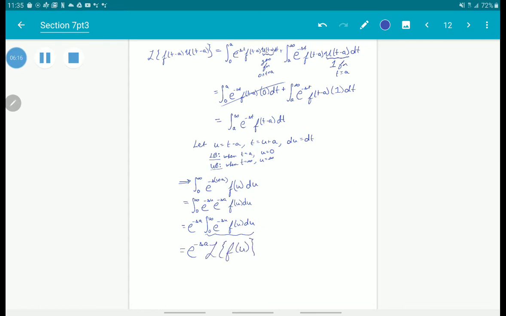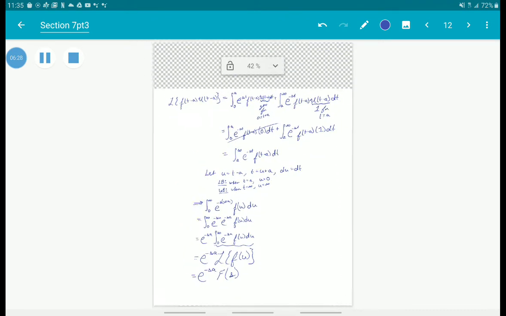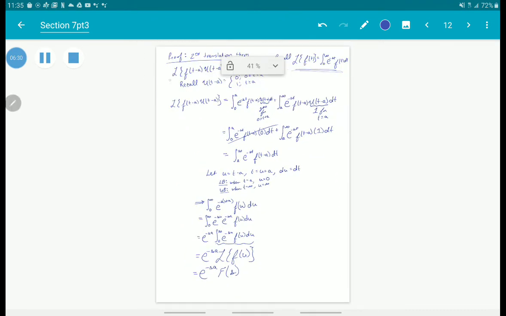So by definition, that's what that is. And if we find the Laplace of f of u, it's just going to be some function in terms of s. So there's our proof of that second translation theorem. If we were to take the Laplace of this guy, it does end up being this.